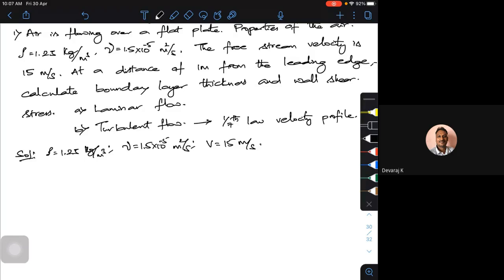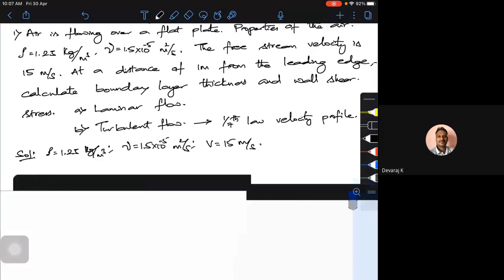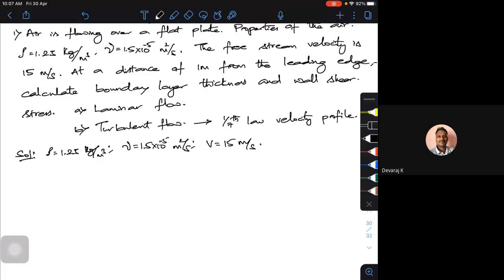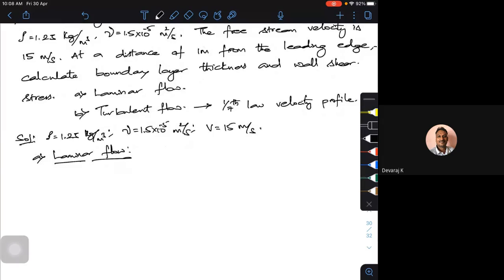If it is a purely laminar case, you know that delta is given by, we have already derived this equation, delta is given by 5.48 times x divided by square root of Rex.